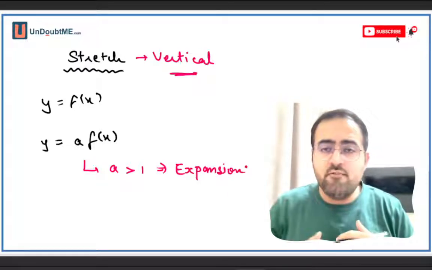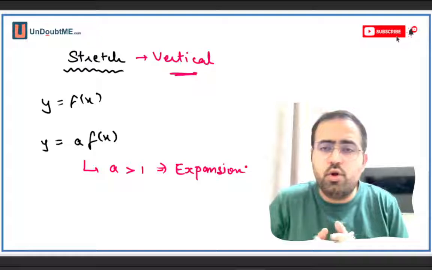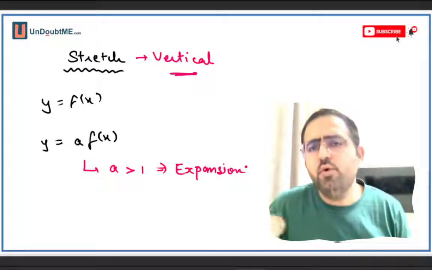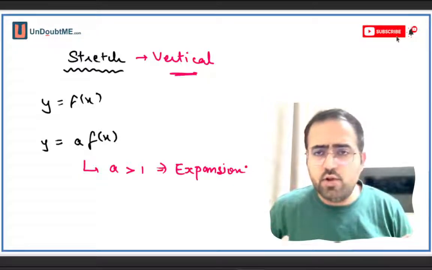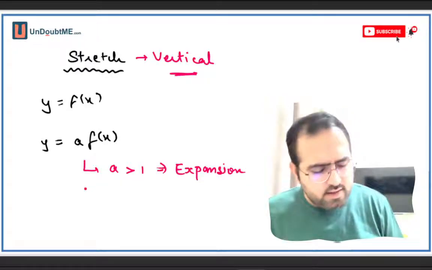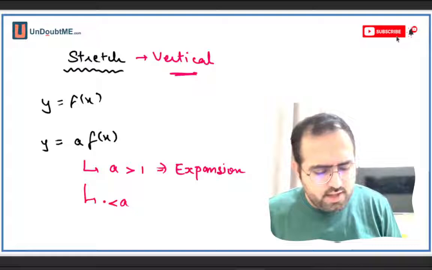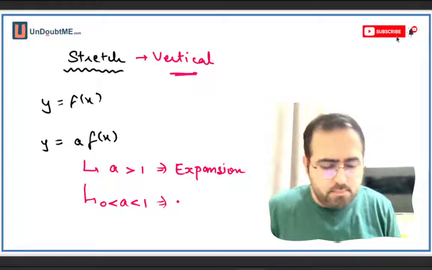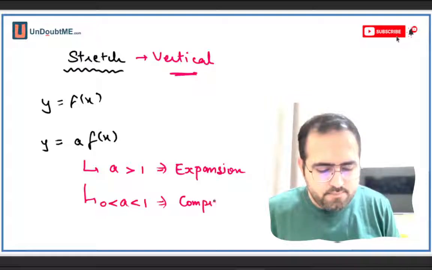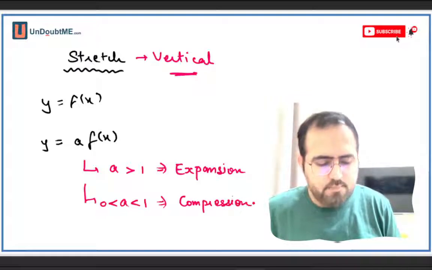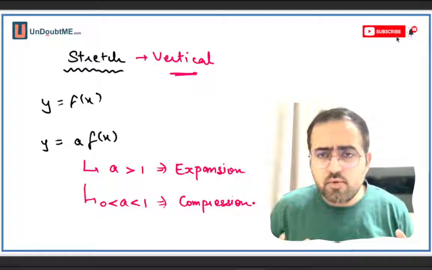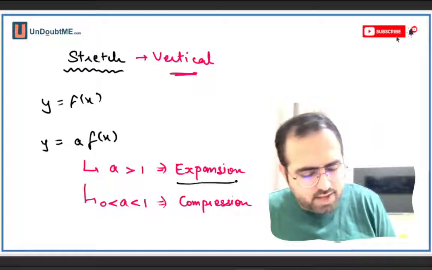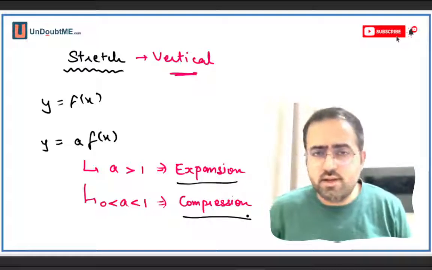Expansion means all the values of the graph will be multiplied by that multiplier. Let's say if 2 is that multiplier, then every value will become twice. Simple. Similarly, if the value of a is between 0 and 1, then the graph will be compressed. So that is vertical compression. With the same transformation y is equal to a f(x), we can understand both expansion and compression.